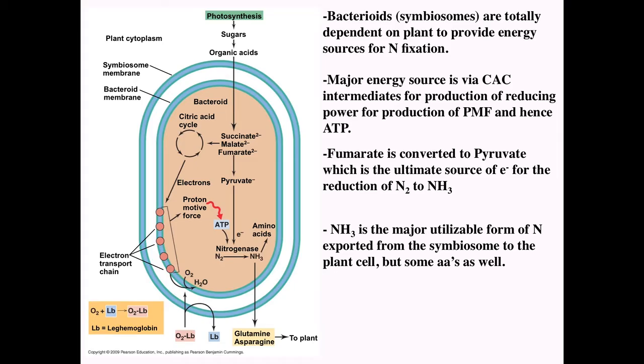So what they do is they take some of their photosynthate in the form of sugars, and especially in the form of organic acids, and they supply that to this now domesticated bacterium so that things like succinate, malate, and fumarate can feed directly into the citric acid cycle. Glycolysis really stops at this point, and the bacterium is largely producing all of its energy via the citric acid cycle.